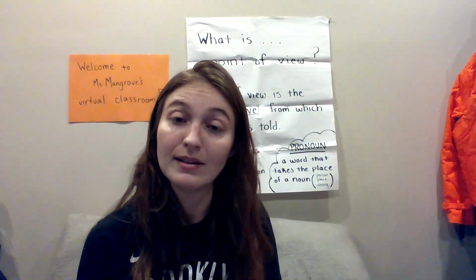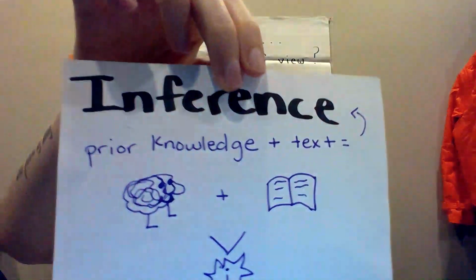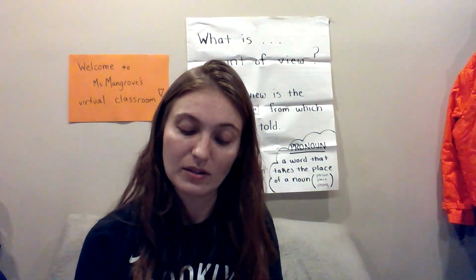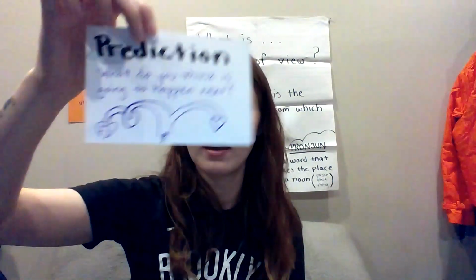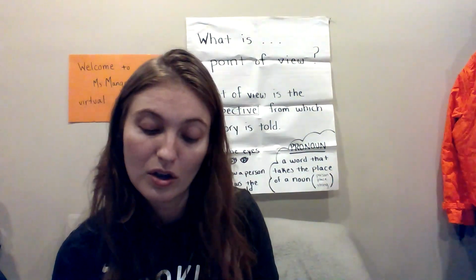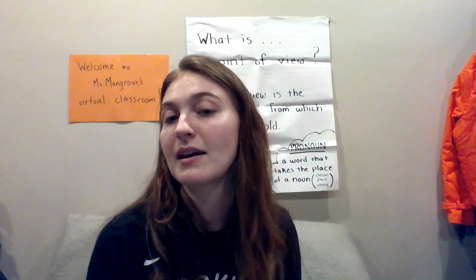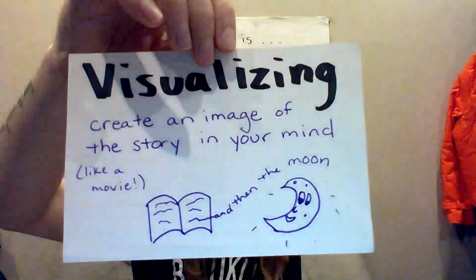Prior knowledge plus text in front of you is an inference. What do you think is going to happen next is a question we ask when we are trying to make a prediction. Create an image of the story in your mind is an example of visualizing.